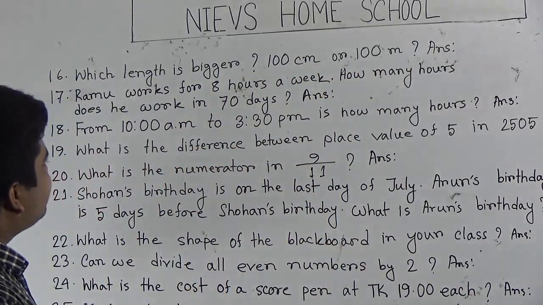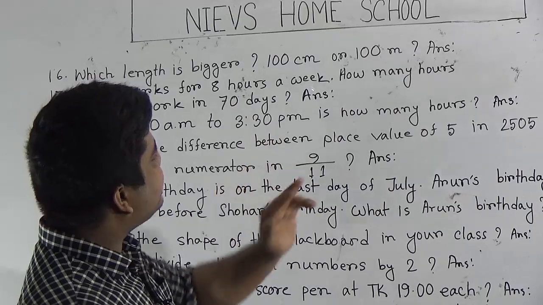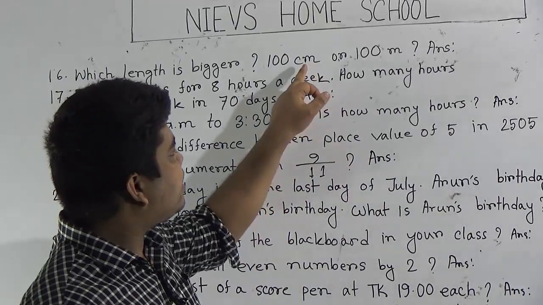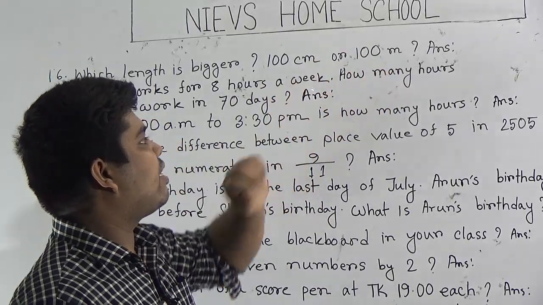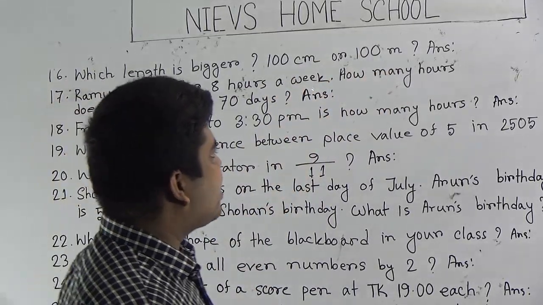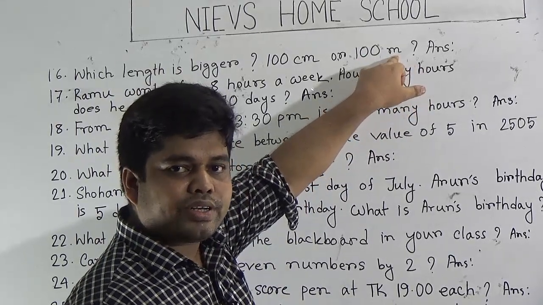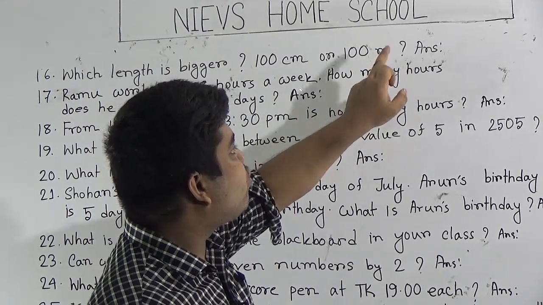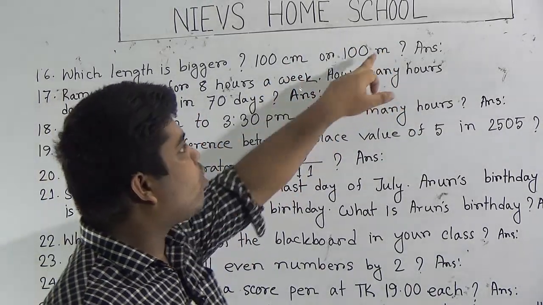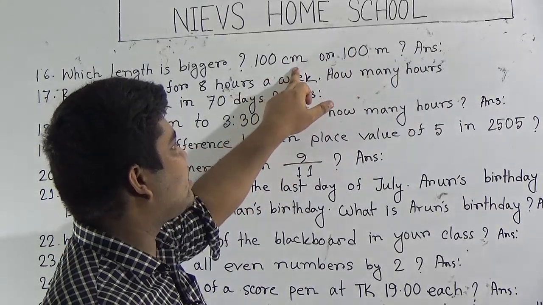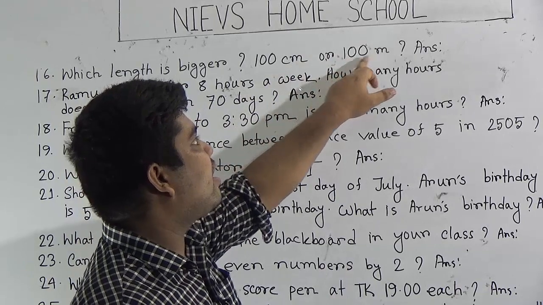In order to answer this question, you need to know which unit is bigger, meter unit or centimeter unit. My dear students, here meter unit is bigger. We know that 1 meter equals 100 centimeter. But here it is 100 centimeter and 100 meters.